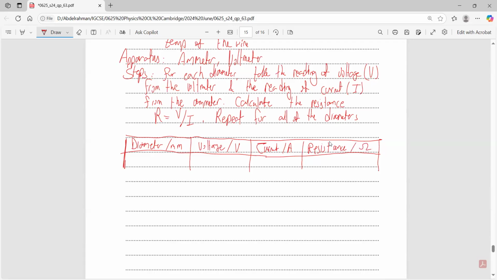For the conclusion, I can write down: for every diameter, repeat the experiment and take the average. Record the readings in the table.